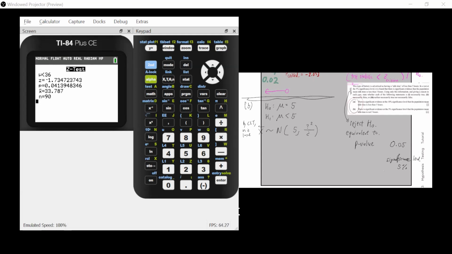What's the inequality here? When we want to reject H0, the p-value versus the 5% alpha, it must be less than 0.05. Very good.